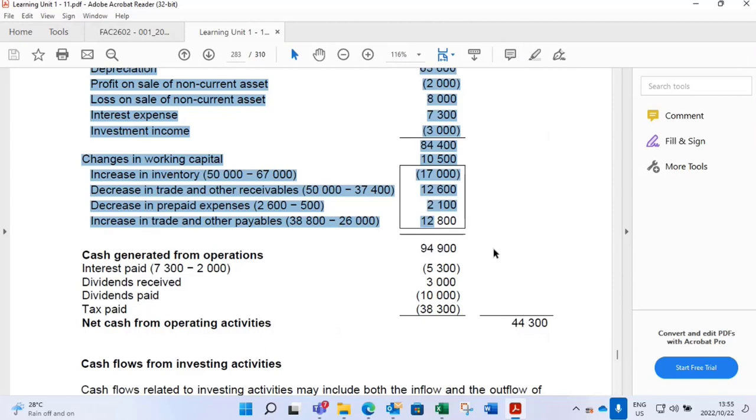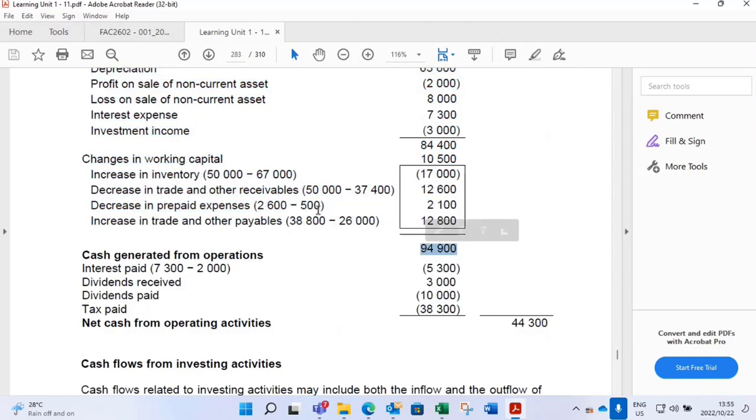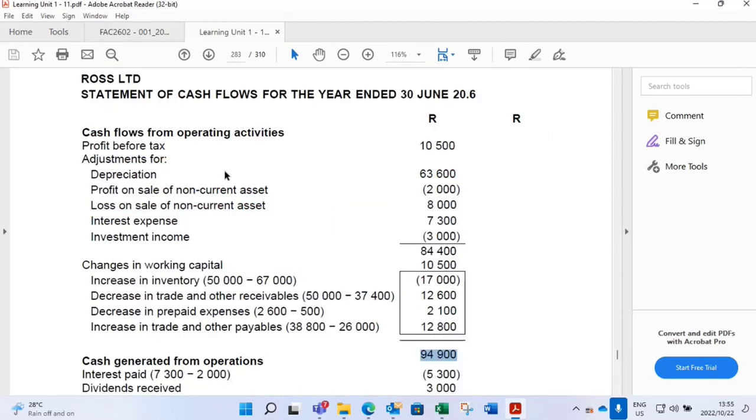But to arrive here, you have to first do this. So you account for non-cash things. Depreciation is a non-cash. Profit on sale is a non-cash. Loss on sale of a non-current asset, the 8,000, is a non-cash. The interest expense of 7.3 is a non-cash. You see, the 7.3 is now offsetting each other with the 2,000. Do you see it?